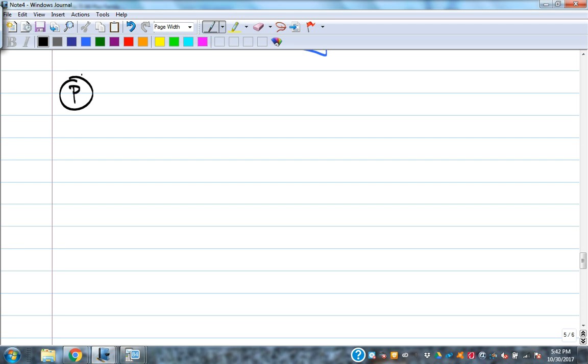Example P. All right. Log base 3 of 4x minus 7 is equal to 2. That's a log base problem. I think it'd be easier for me to rewrite it as an exponential. How do I rewrite that as an exponential?